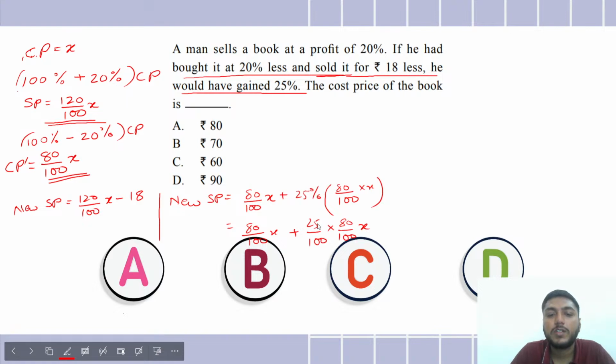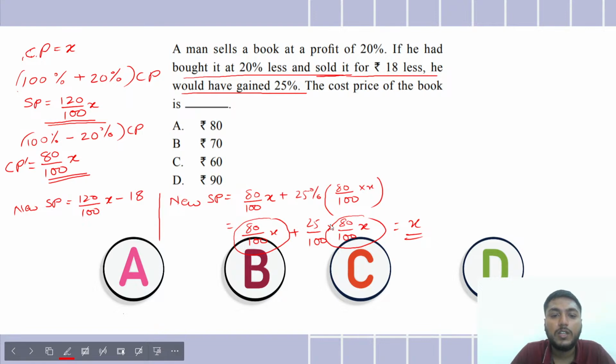When we solve this equation, we can directly take 80 by 100x as common, and then in the bracket we will get 1 plus 25 by 100. We will solve and we will find that this value will come out to be x, right?